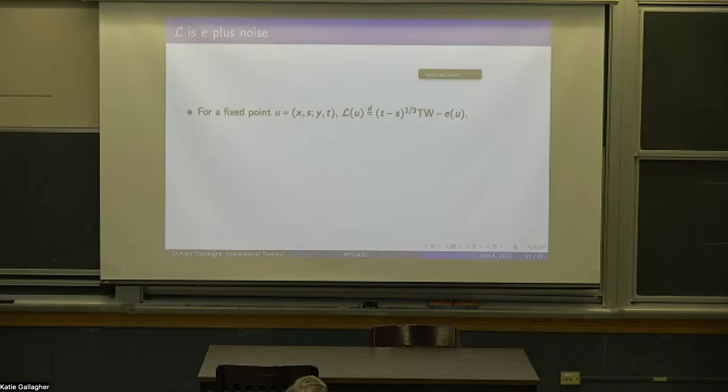I'll point out this other thing, which is that L is not E plus something, it's negative E plus something. This is kind of an artifact of the way the field began, by thinking more about these models where you maximize paths. Sometimes you could think the whole thing would be more natural to define with a negative sign, but it doesn't take too much work to get used to that.